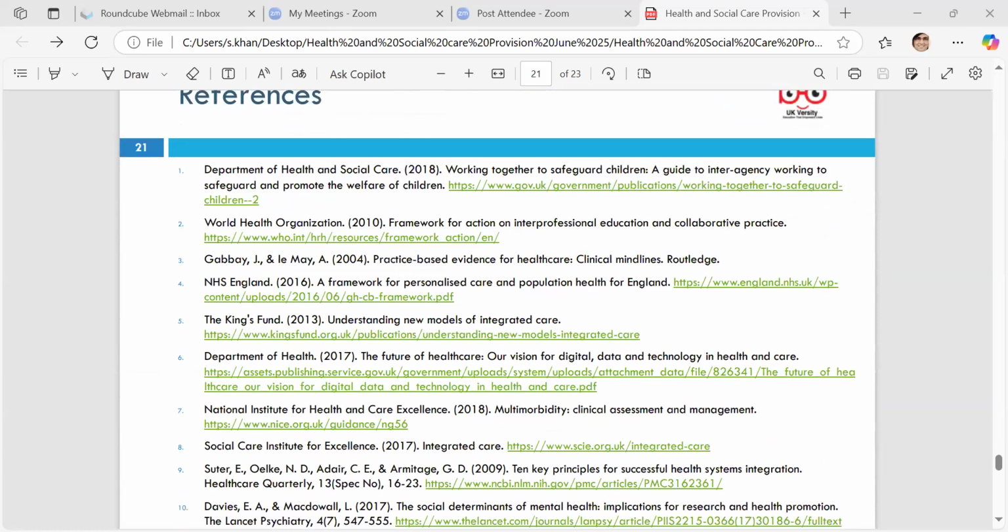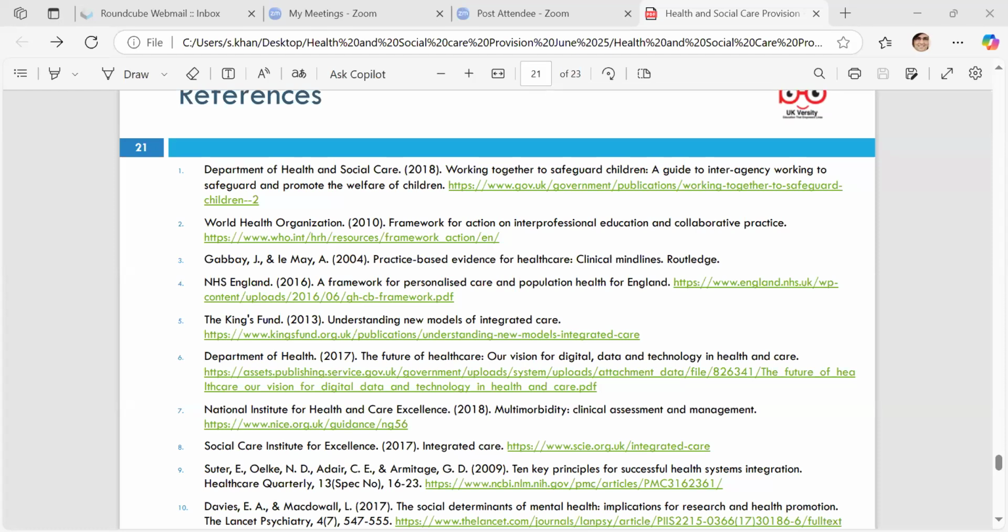And just to give you a summary of what we've done in today's session in Learning Outcome 2, we've looked at elements of understanding the roles and responsibilities of health and social care practitioners. We looked at the various people, nurses, physiotherapists, and partnership working such as teamwork and multidisciplinary working.